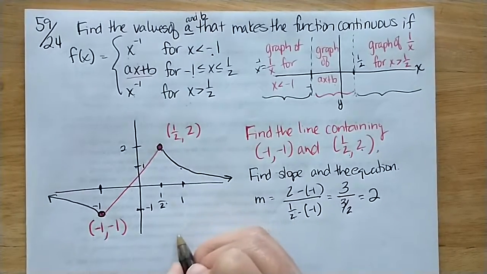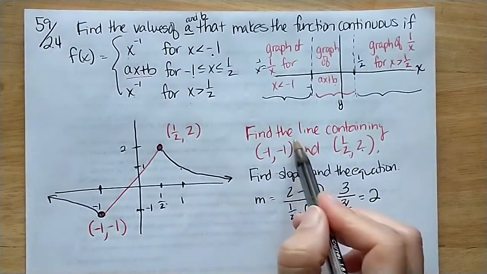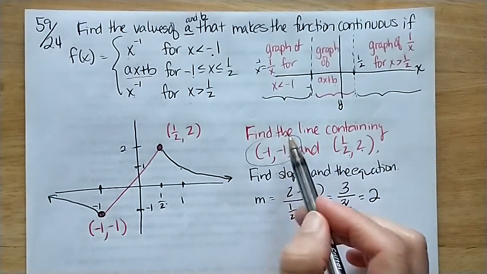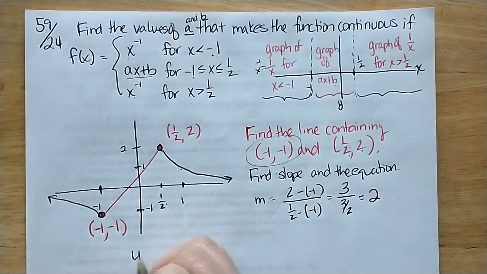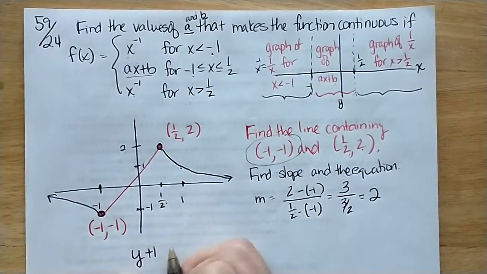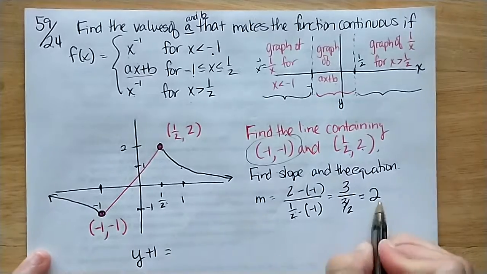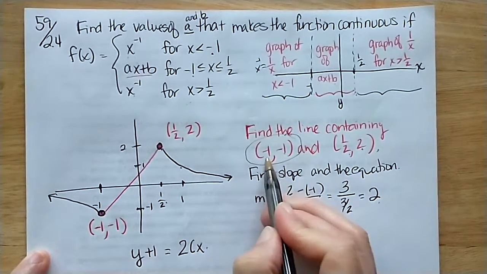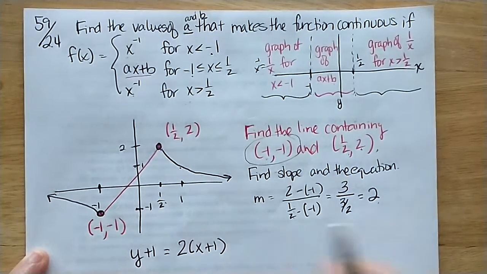So the equation is going to be y minus y1, and I think I'll pick the point -1, -1 to make my equation just because I don't have to deal with fractions. That gives me y plus 1 on this side, equal to the slope times x minus x1, which is x plus 1 on this side.